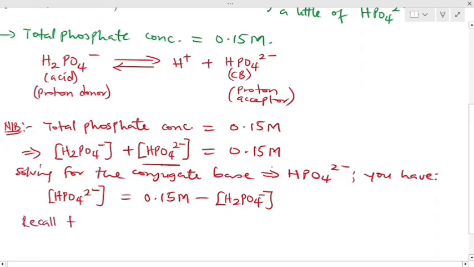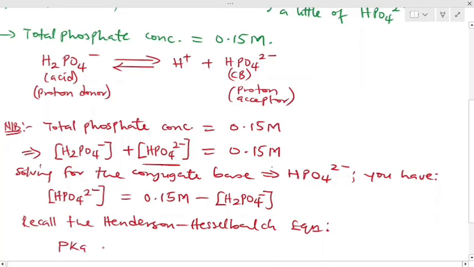Recall the Henderson-Hasselbalch equation: pH equals pKa plus the log of the conjugate base over the acid. In this case, we now have the conjugate base to be 0.15 minus the acid concentration.